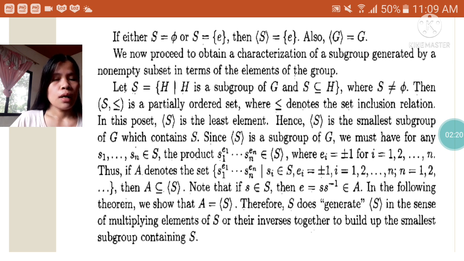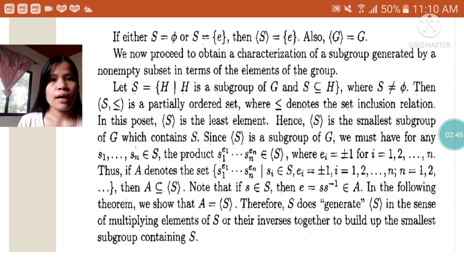Then 𝒮 with ≤ is a partially ordered set, where ≤ denotes the set inclusion relation. In this set, the subgroup generated by S is the least element. Hence, the subgroup generated by S is the smallest subgroup of G which contains S.